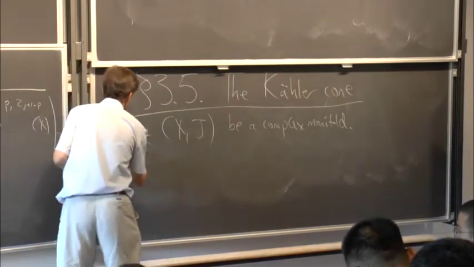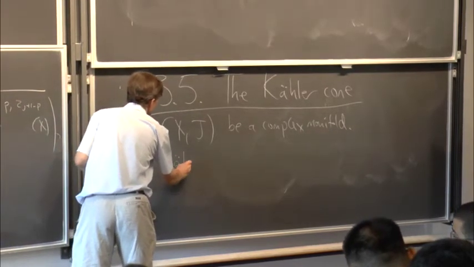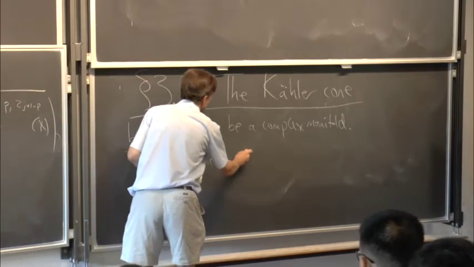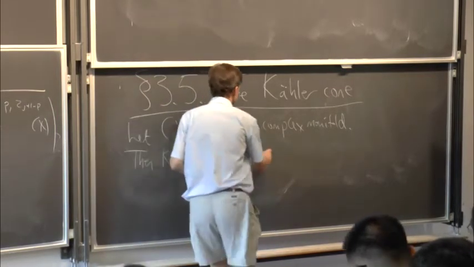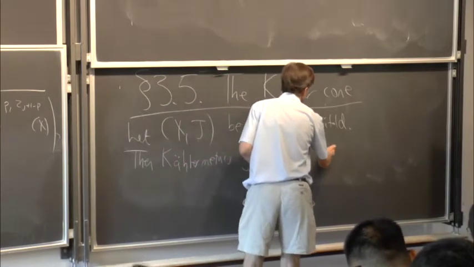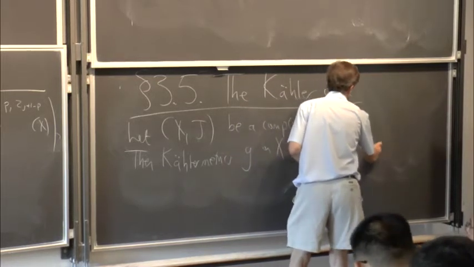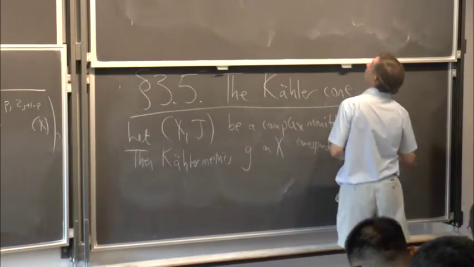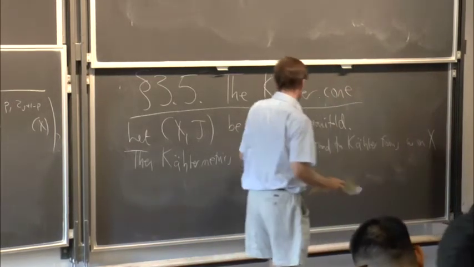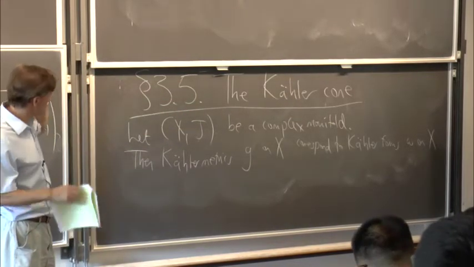Then Kähler metrics g on X correspond to Kähler forms little omega on X. The metric corresponds to the 2-form. You construct omega from g, but you can also reconstruct g from omega.